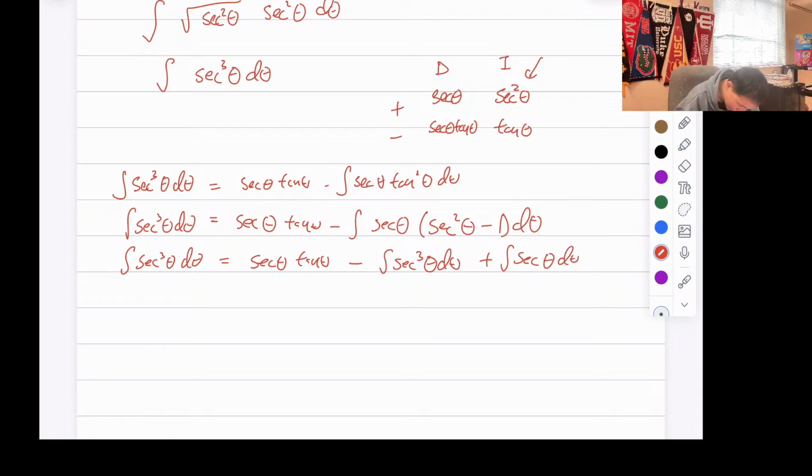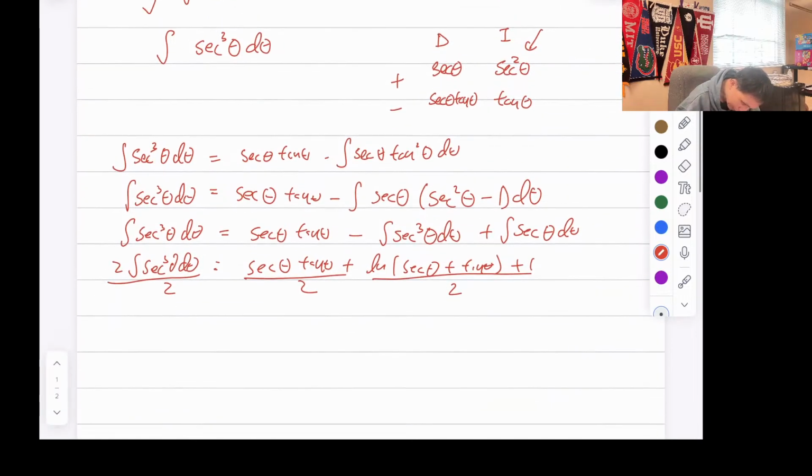I move this to the other side. So it'll be 2 integration secant to the third theta d theta is equal to secant theta tan theta. What's integration of secant theta? And I'm going to divide it by 2.